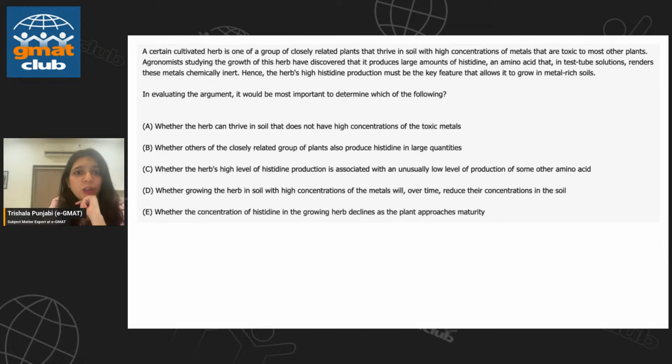Okay, so we have gotten two B's so far. What about the rest of you? A, B, C, D, E. Come on, this is the last question, so please do participate and drop your answers.